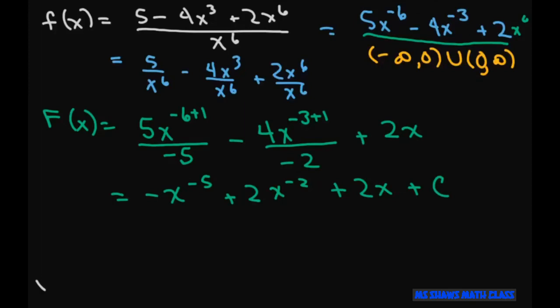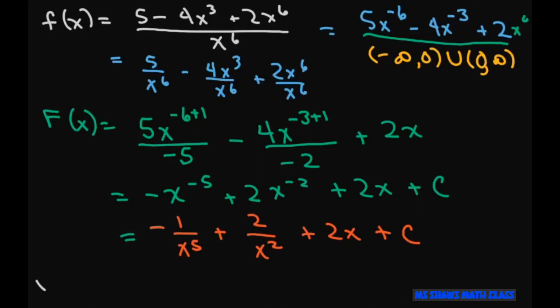Of course, this can be written as negative 1 divided by x to the 5th plus 2 divided by x squared plus 2x plus c.